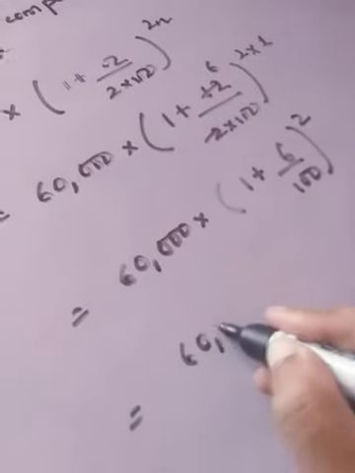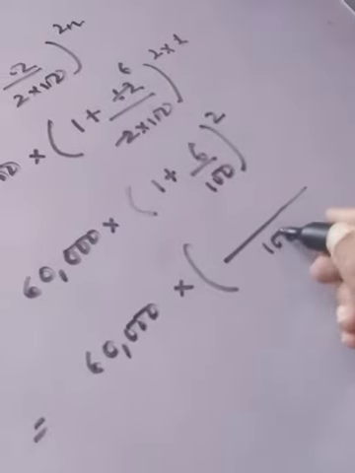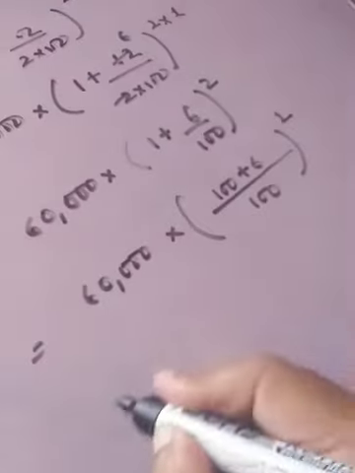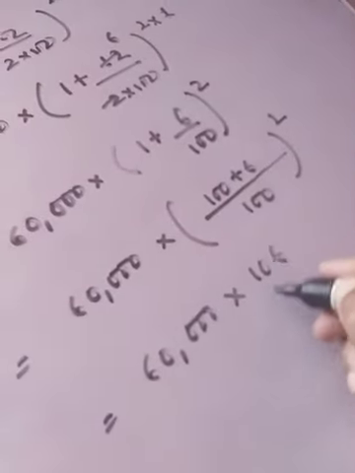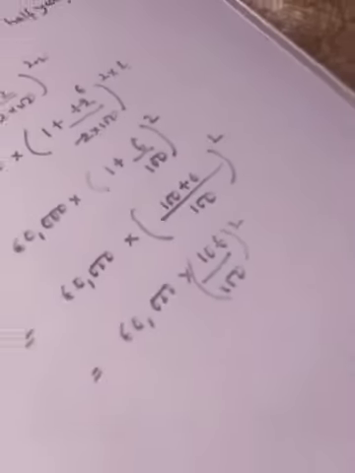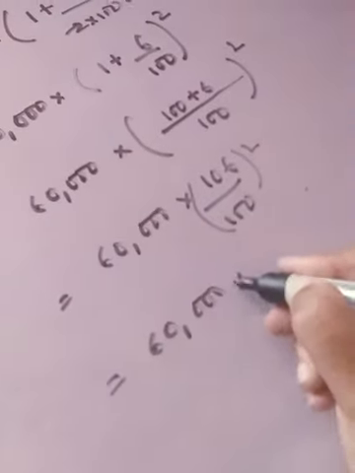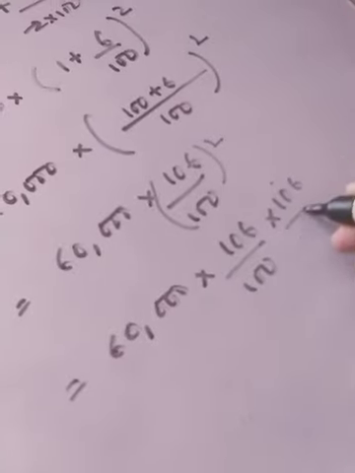Now we'll solve the bracket. 100 is the LCM, so it will be 100 plus 6 to the power 2. So 60,000 into 106 by 100, as the power is 2. Let me write it: 60,000 into 106 upon 100 into 106 upon 100.